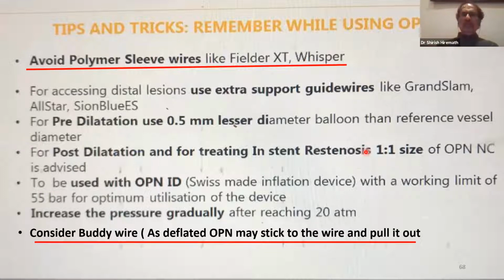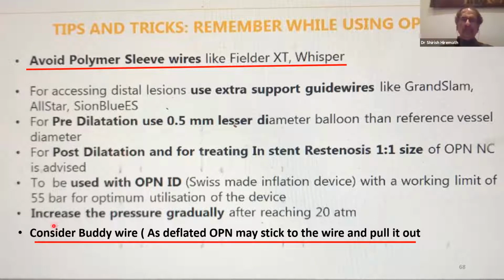One trick when you are using an OPN NC balloon is you should avoid polymer wires, avoid wires which have hydrophilic coating, because whenever you use very high pressure, the balloon has a tendency to grip on the wire. It will pull out the wire as you're pulling out the balloon.